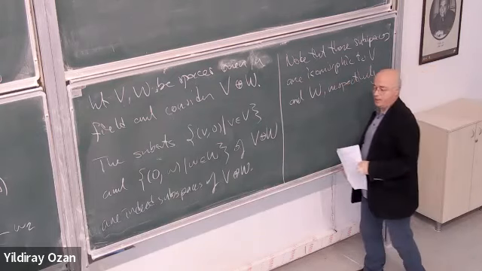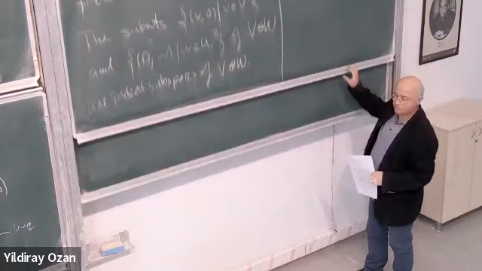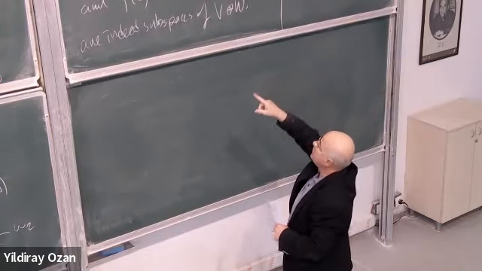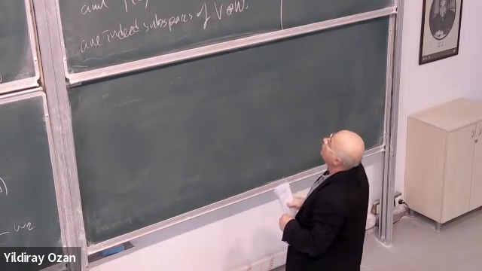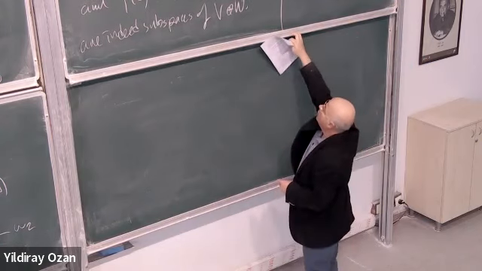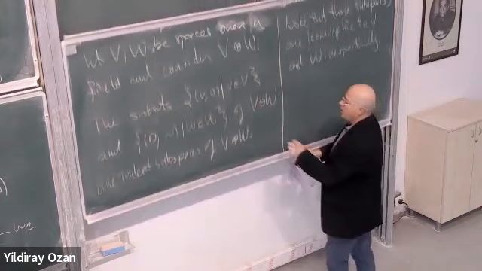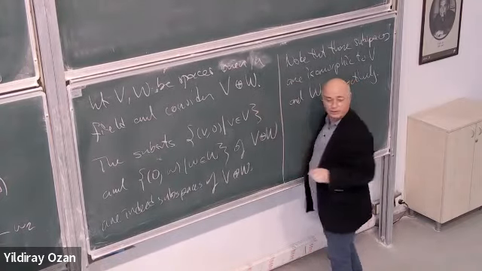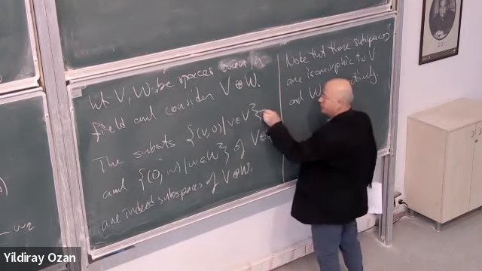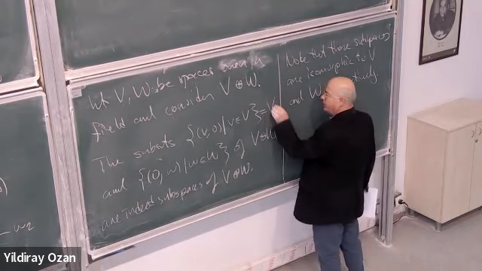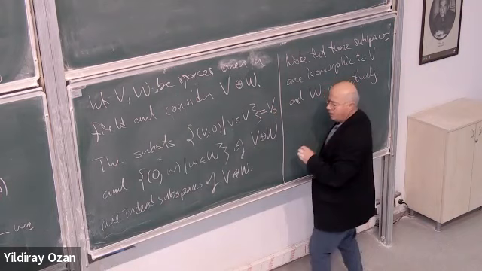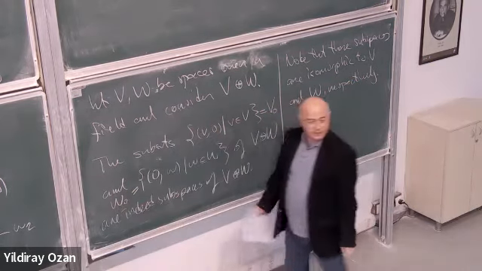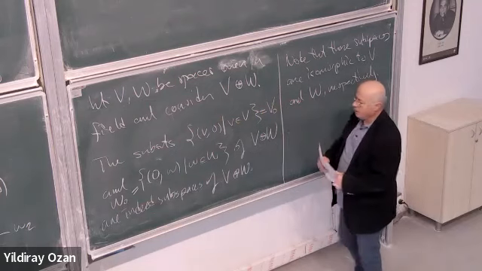How can we write an isomorphism from these subspaces into V and W? Well, to make notation simpler, let's give a name to these. Let's call this V0, okay? And this one, let's say W0. These are subspaces.